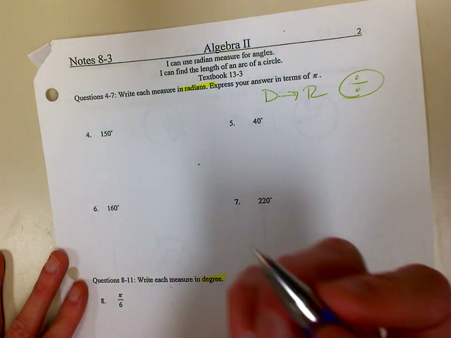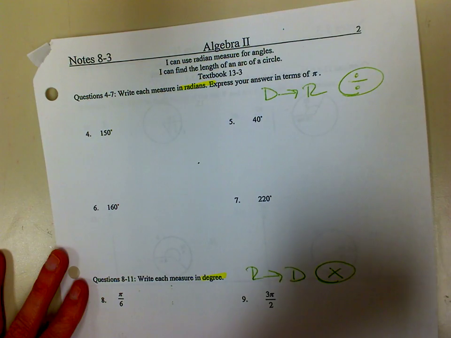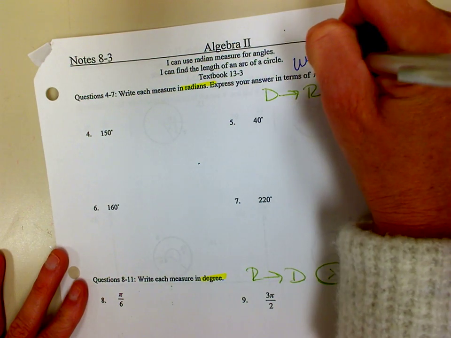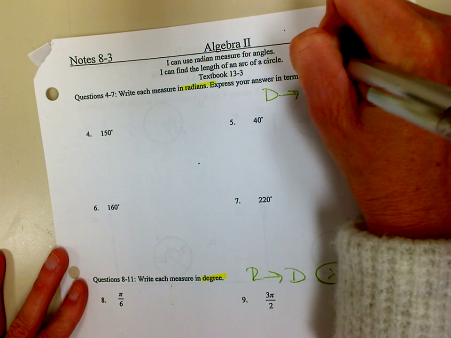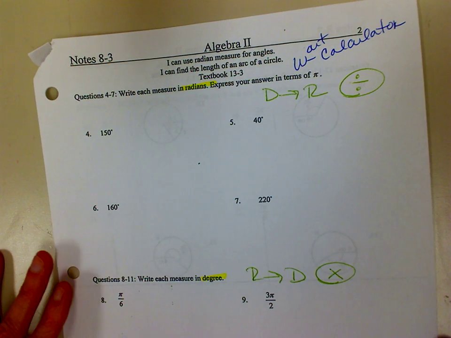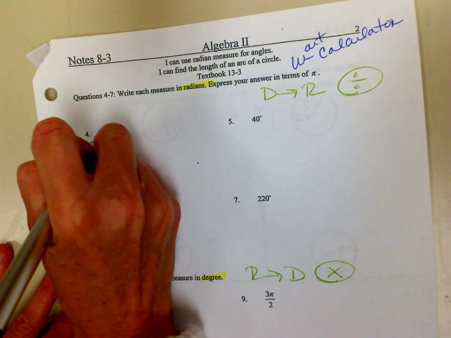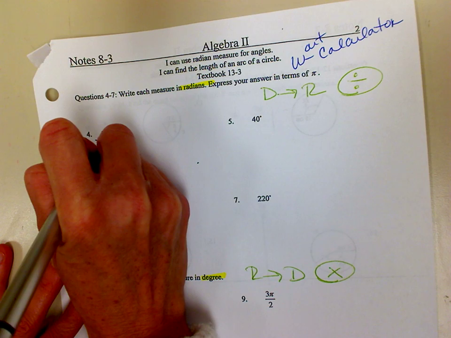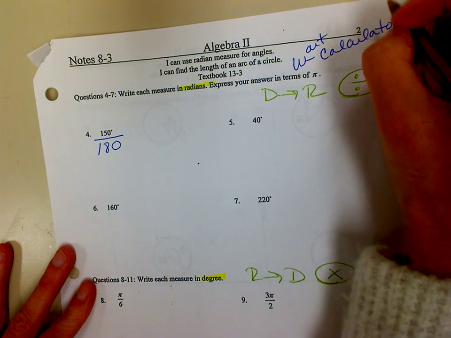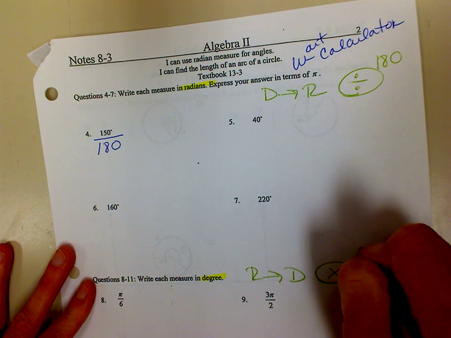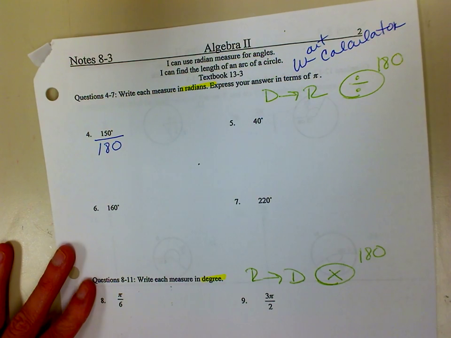What you're going to do, and this is done without a calculator, you're going to take 150 and divide by 180. I forgot to put divide by 180. That's key. Divide by 180. This one's multiplied by 180.